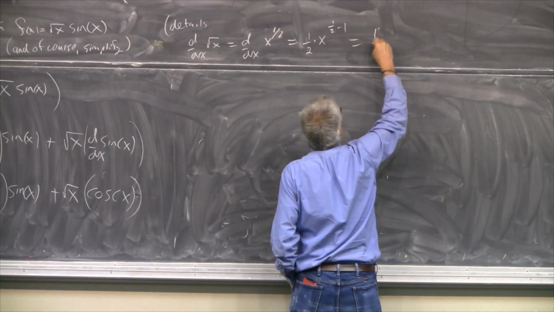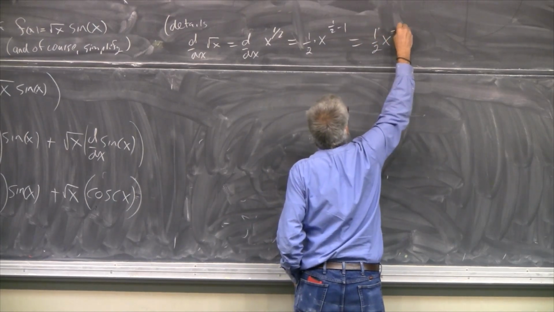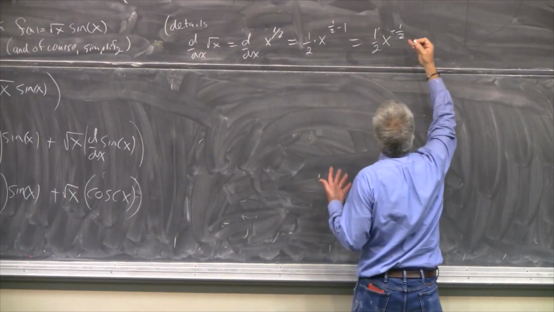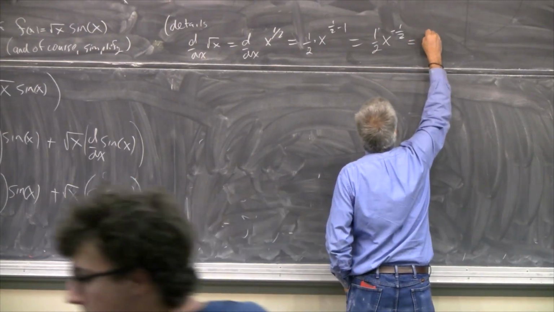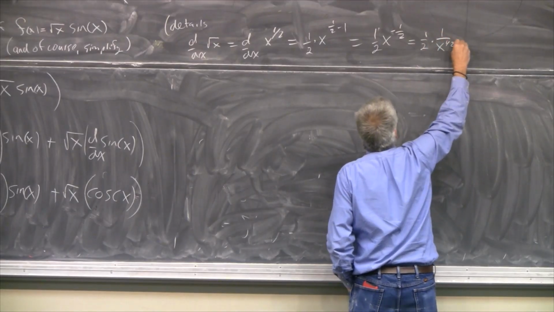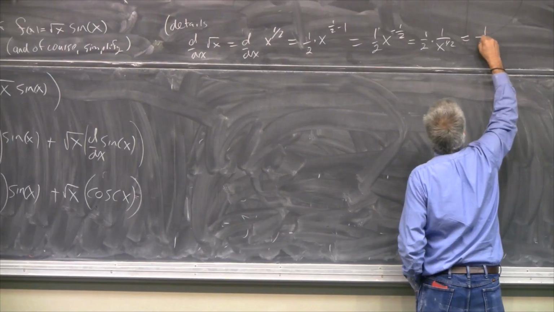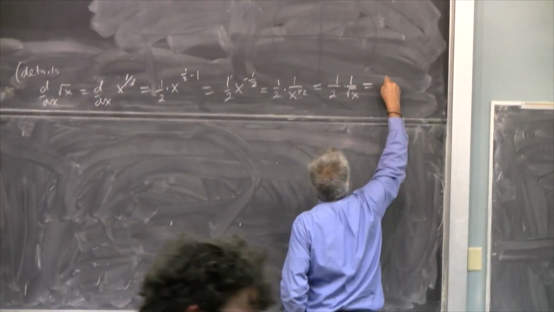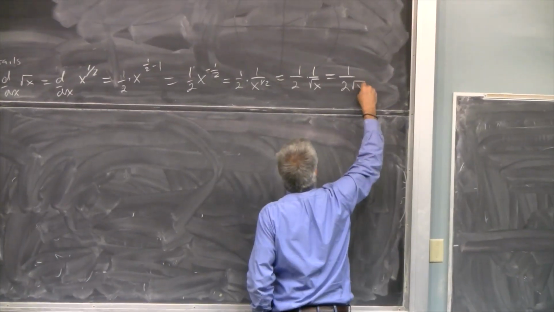So that's 1/2 x to the minus 1/2, which is as far as you got. But that's not simplified. In this course, we can't leave this in this form. That's 1/2 times 1 over x to the 1/2. That's 1/2 times 1 over the square root of x. So in other words, 1 over 2 square root of x.